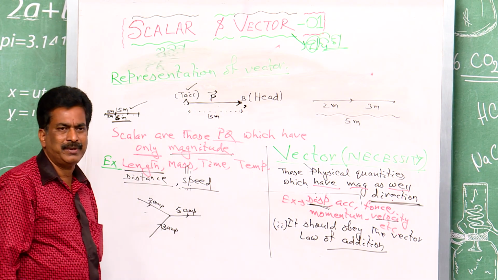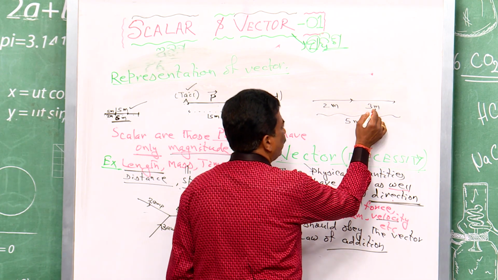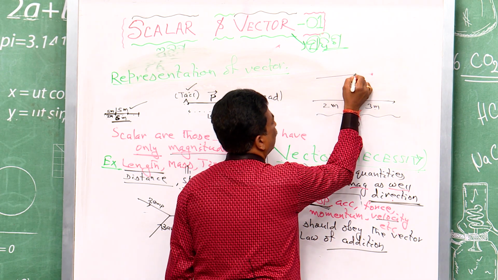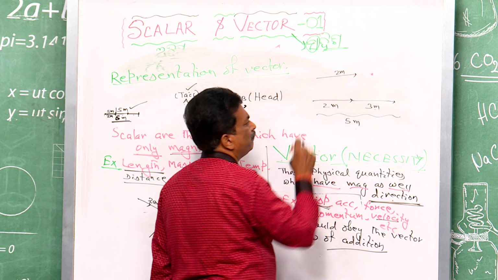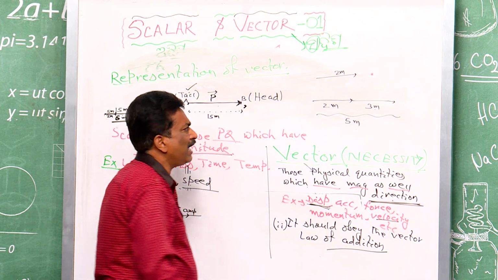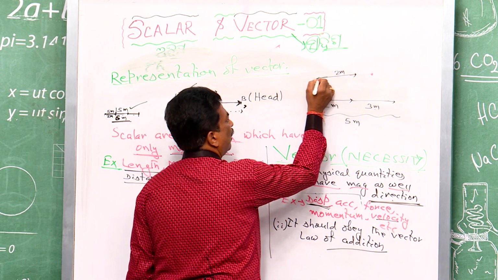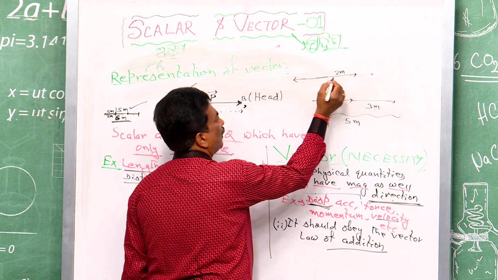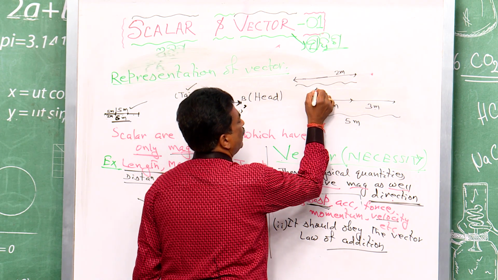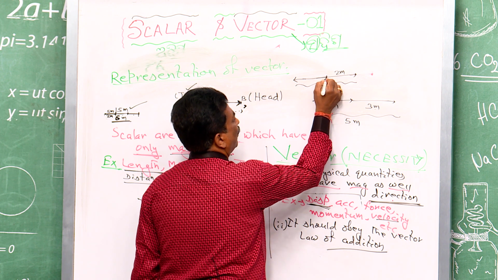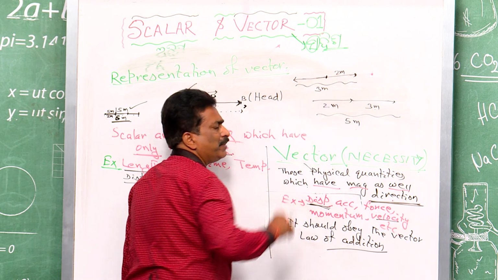The same example can be taken where one has gone 2 meter and again he has gone 3 meter, from this to this is 3 meter, and from this to this is 2 meter.